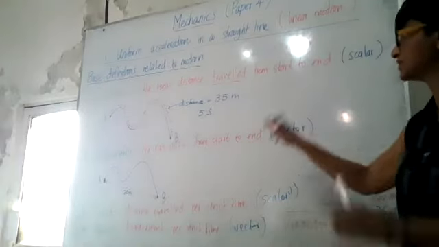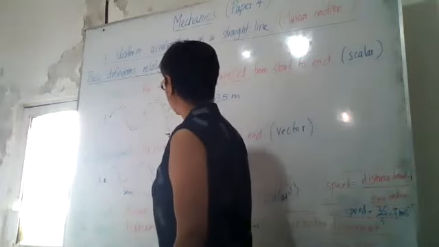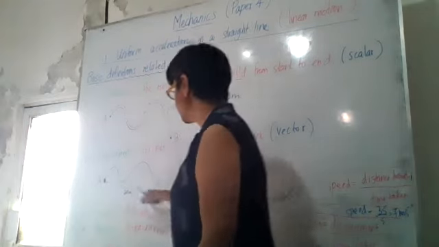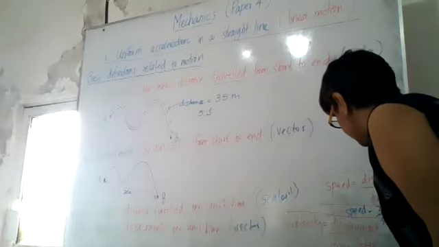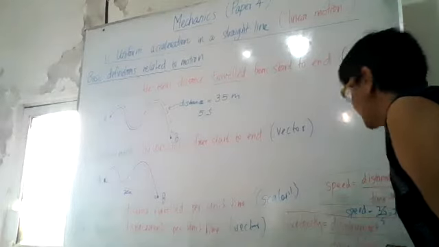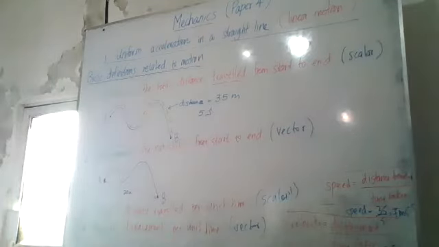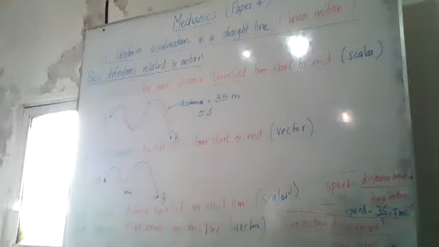The same person, I'm considering the same motion here. This person moving from A to B along this path. He traveled 35 meters in 5 seconds. His displacement is 20 meters. So his velocity would be 20 divided by 5. So 20 divided by 5, that is 4 meters per second in this direction. You have to say it.